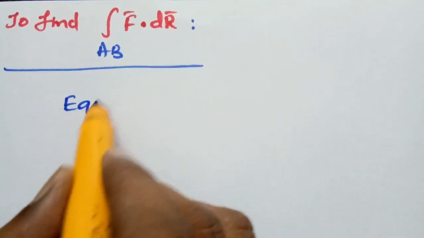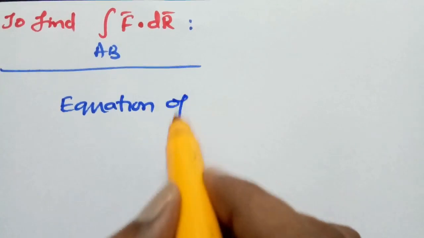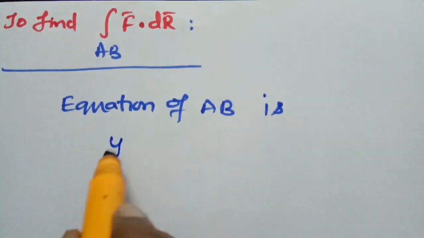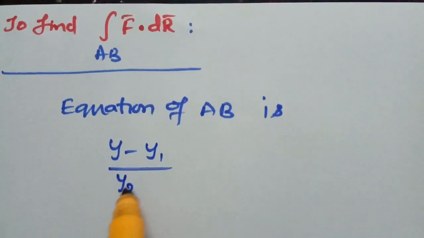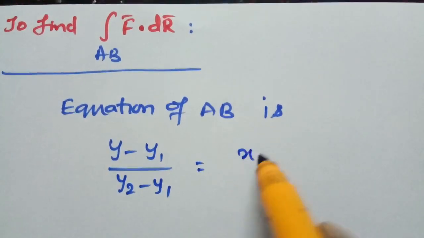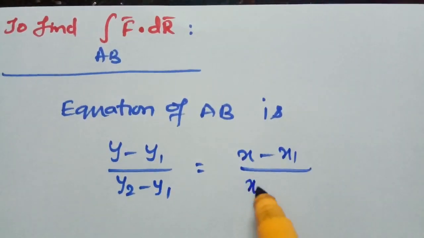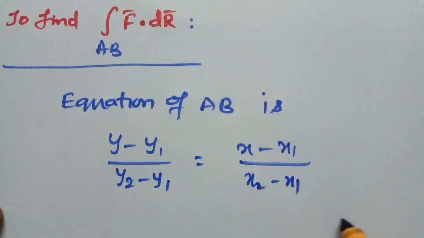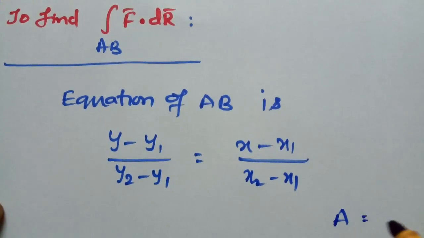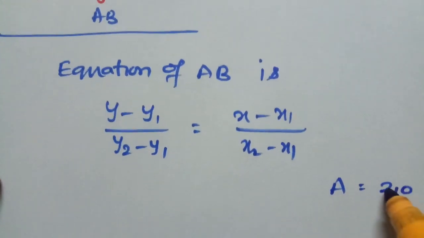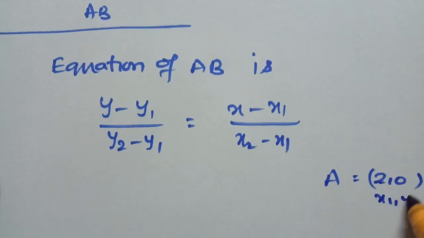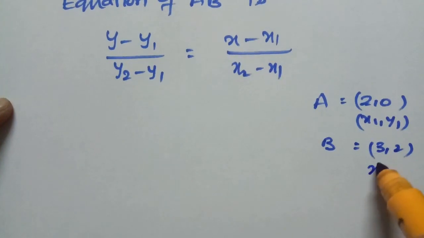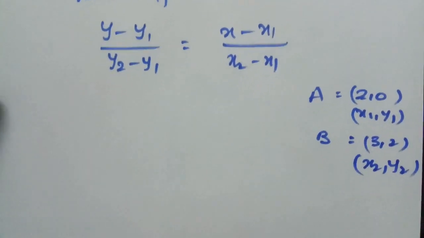Now, the equation of AB is (y minus y1) by (y2 minus y1) is equal to (x minus x1) by (x2 minus x1), where A is equal to 2 comma 0, this is x1 comma y1, and B is equal to 3 comma 2, this is x2 comma y2.